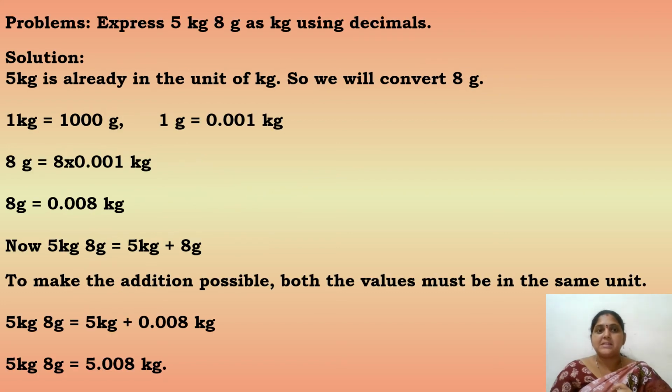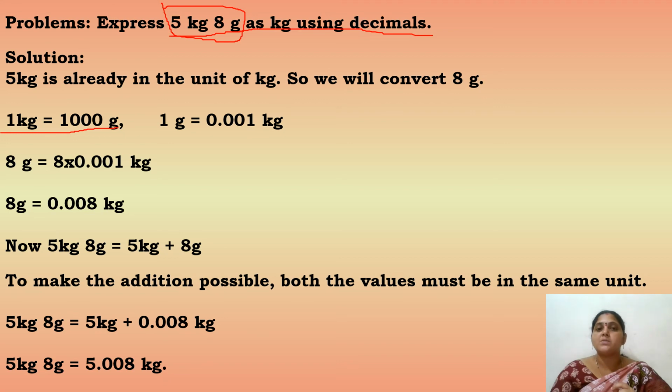One more example we'll see here. Express 5 kgs 8 grams as kgs using decimals. Here what we have to do is write them together using the decimal point. As I told you before, 1 kg is equal to 1000 grams. What will be the value of 5 kgs here? 5 should be multiplied with 1000.